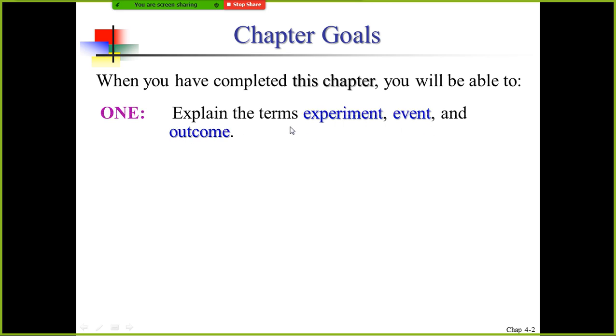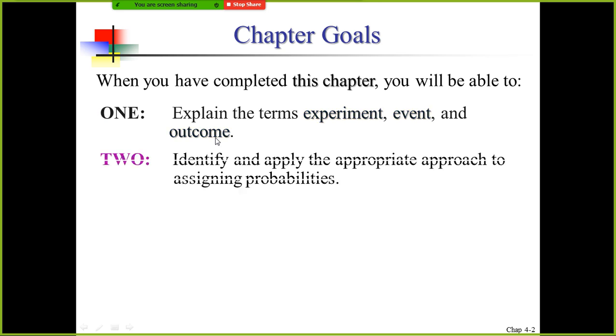One, explain the terms, the keywords: experiment, event, and outcome. Two, identify and apply the appropriate approach to assigning probabilities.